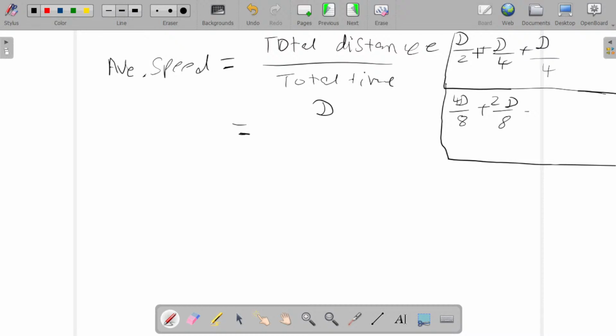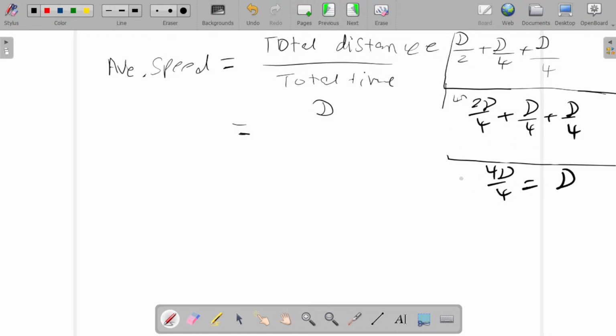So it will be 2d by 4 plus d by 4 plus d by 4, which is 4d by 4 equal to d. So total distance is d.